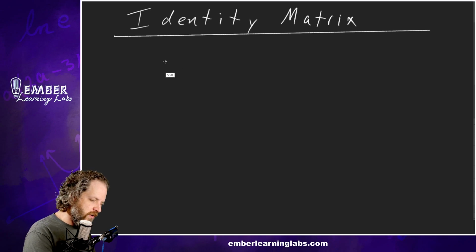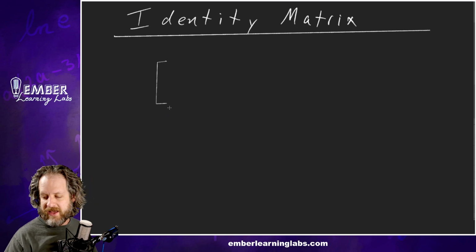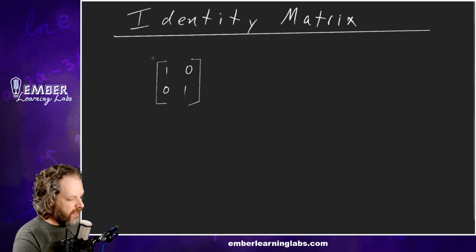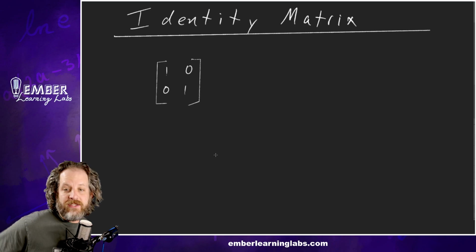That's important. So, what an identity 2x2 matrix looks like is this right here: 1, 0, and 0, 1. That's the identity matrix right there. Diagonal ones going down, zeros everywhere else.